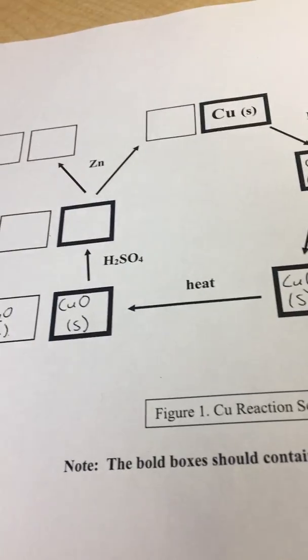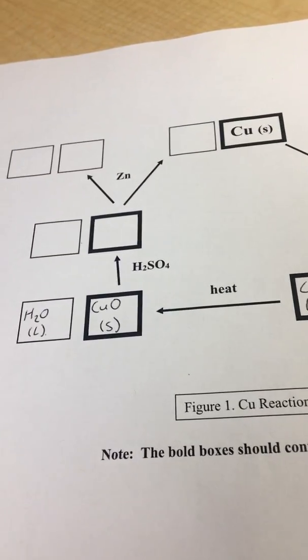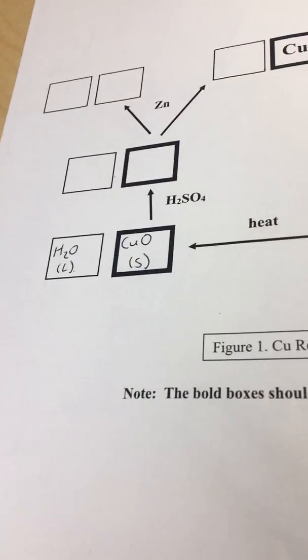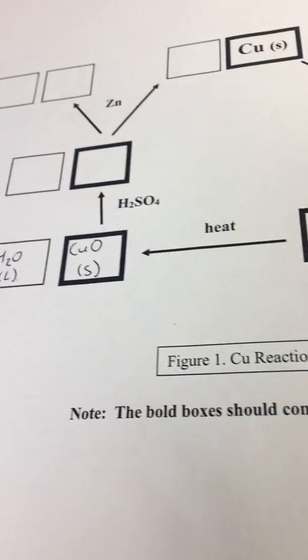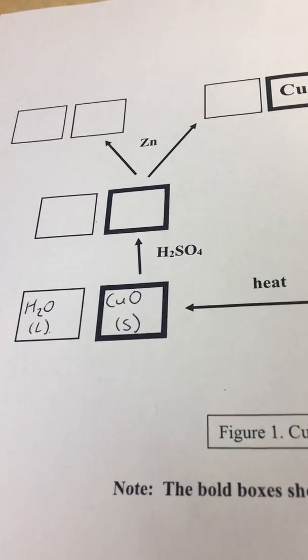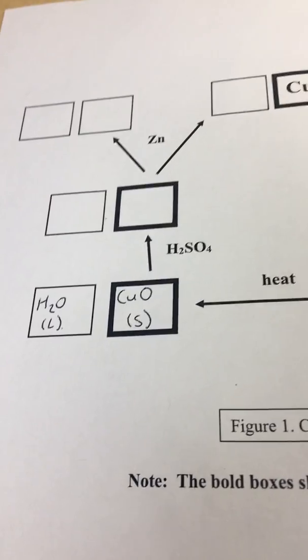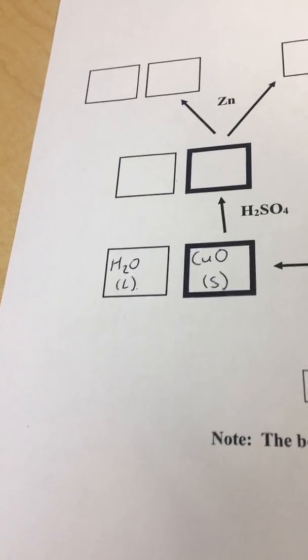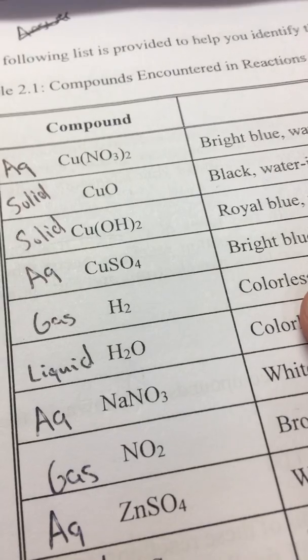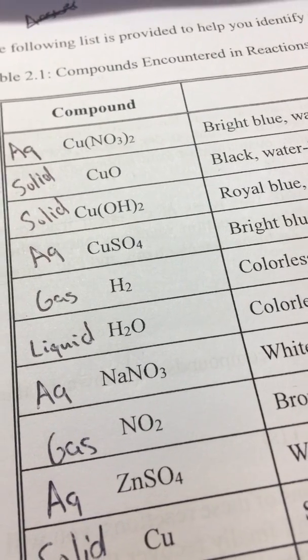So after that, sulfuric acid, H2SO4, was then added, causing a reaction, turning the solution into a bright blue solution, which is now CuSO4 in aqueous. It's CuSO4 because it's bright blue water-soluble salt.